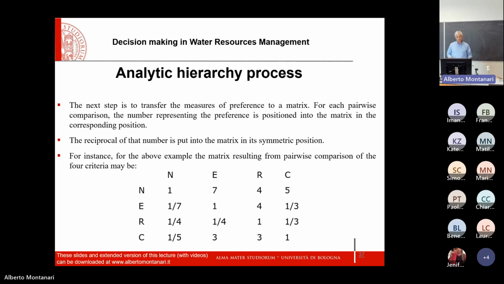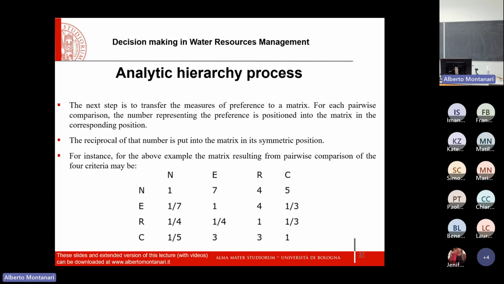And then if the net benefit with respect to the environmental impact has a score of 7, the opposite element in the matrix has to get a score of 1/7. If the net benefit with respect to river flow has a score of 4, then the opposite one must be 1/4. Again, if the net benefit with respect to CO2 has a score 5, the opposite one is 1/5.